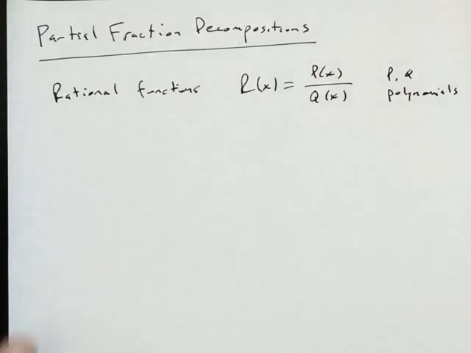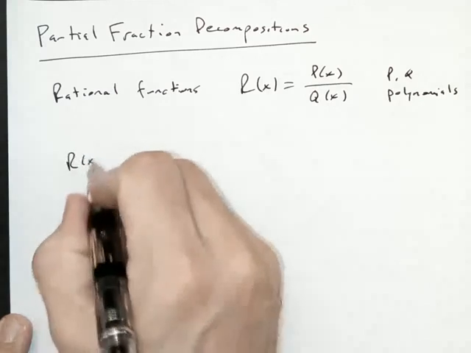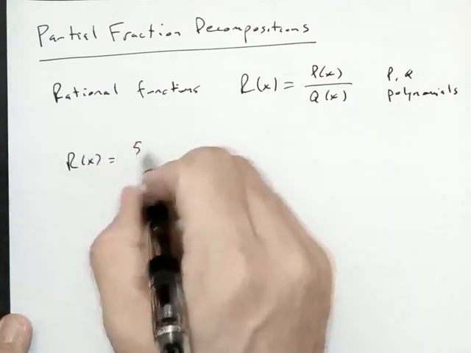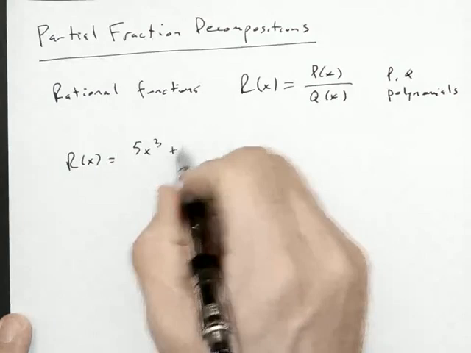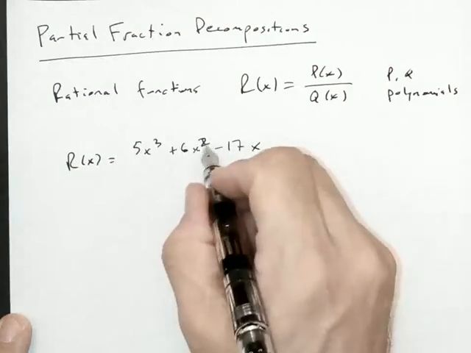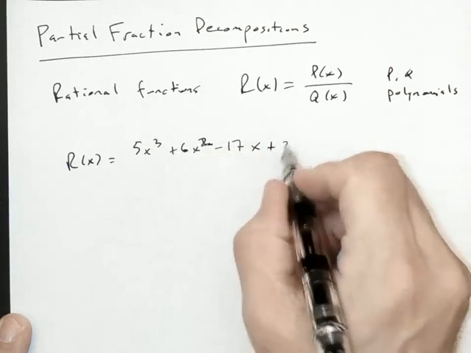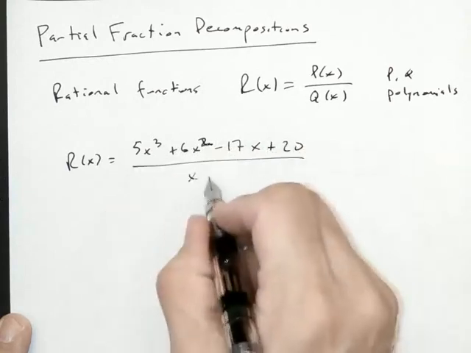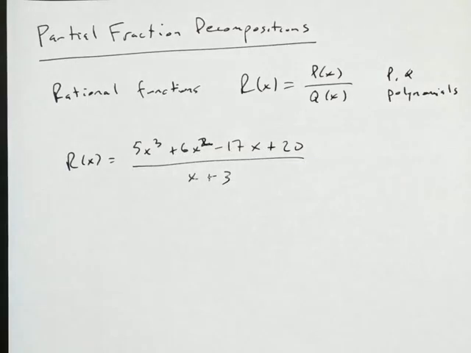So if I have something like this, if I wanted to integrate that, you'd probably want to hit me in the head with a baseball bat. And I would pretty much say rightly so, because that sucks.